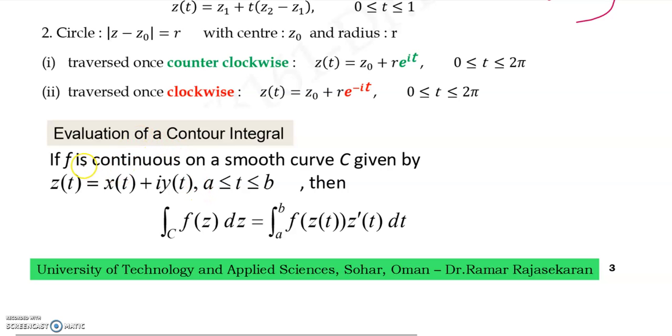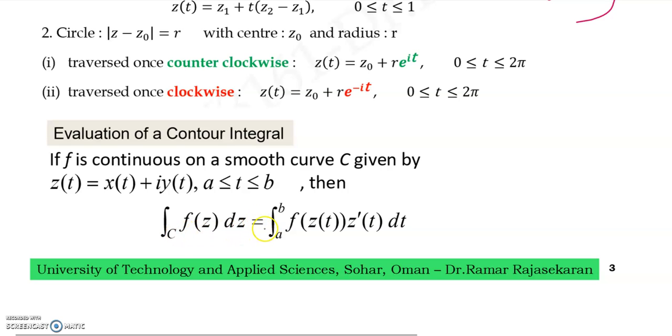If f is continuous on a smooth curve C given by z of t is equal to x of t plus i y of t, a less than or equal to t less than or equal to b, then how to evaluate this function f over this contour C?